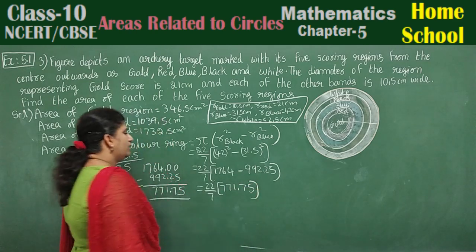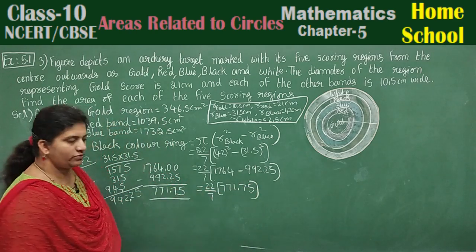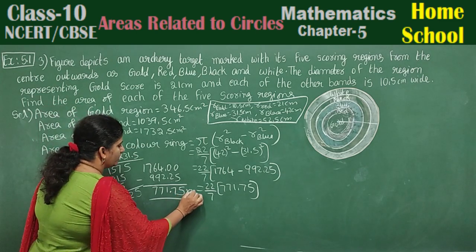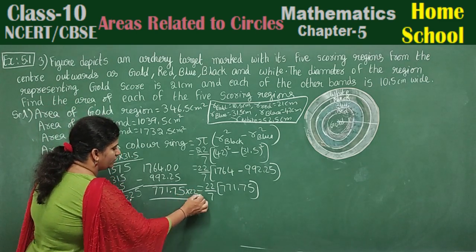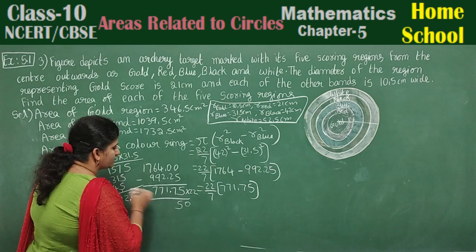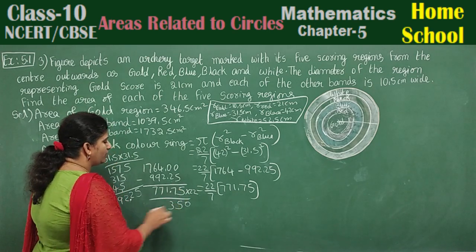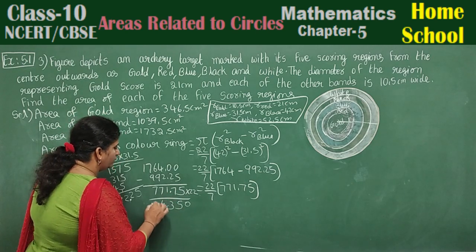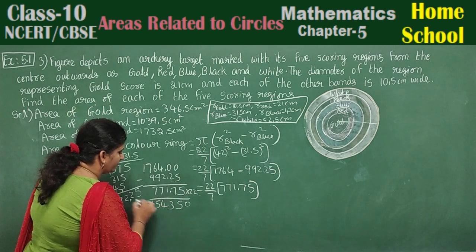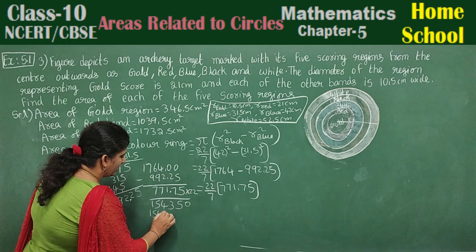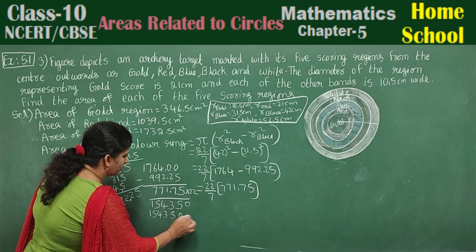771.75. Now multiply this with 22. Let's do here itself. 2 5s are 10. 2 7s are 14. Plus 1, 15. 2 1s are 2. Plus 1, 3. 2 7s are 14. 2 7s are 14 plus 1, 15. Again 1 5 4 3 5 0.